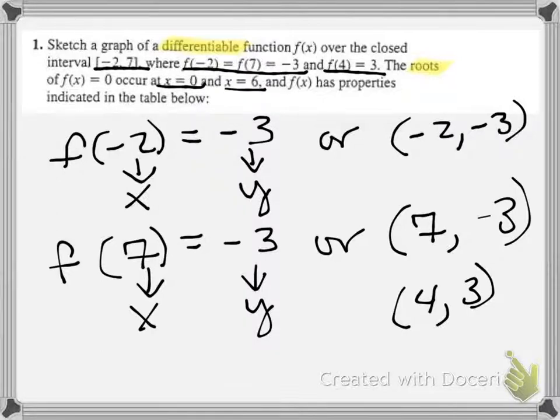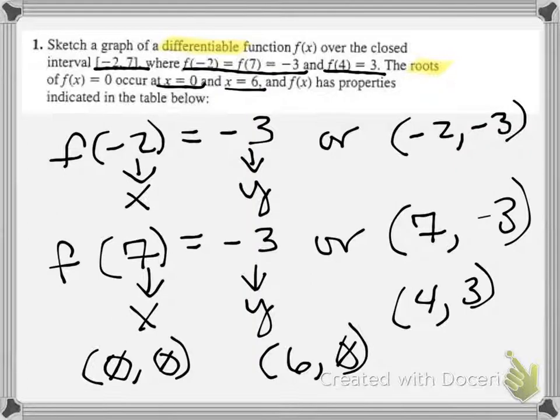Or it's giving me 2 more points: 0, 0 and 6, 0. So it's all good because I'm going to be able to start with all 5 of these points.